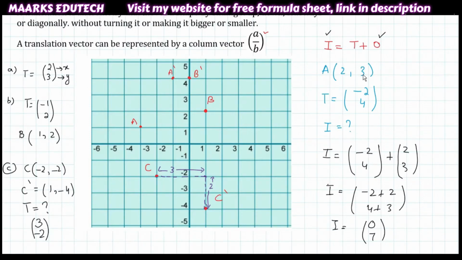I'll give you one more example. If they say we have A (2, 3) and B (5, -1), and they ask us to find the translation vector, the question could be: A is mapped onto B by translation, find the translation vector.